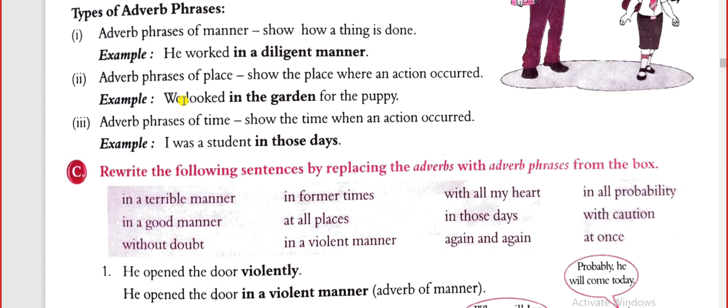Ma'am teaches us so fastly, I cannot understand anything. So ma'am teaches us fastly. So is this a manner? Adverb phrase of manner? Yes or no?